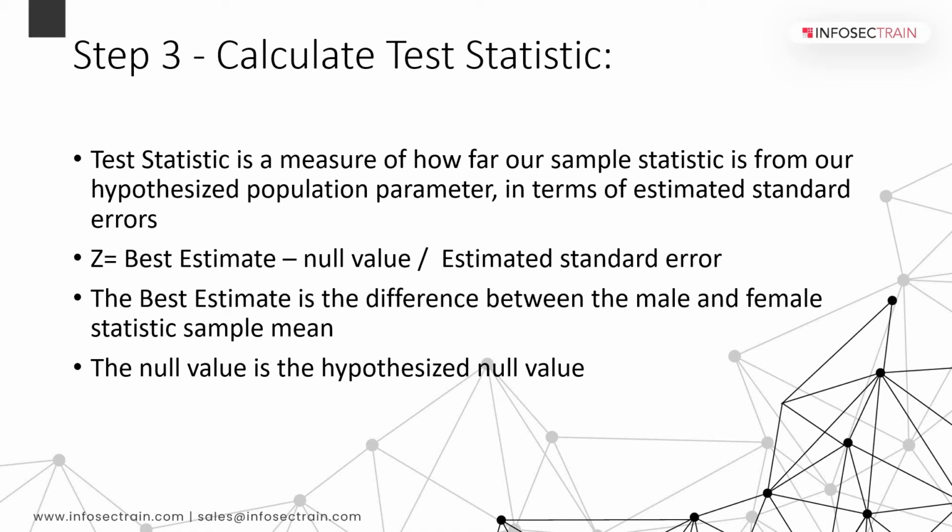In the initial stage, we assume some population parameter, and now we actually calculate the test statistic, comparing the calculated parameter with our assumed population parameter in terms of estimated standard errors.